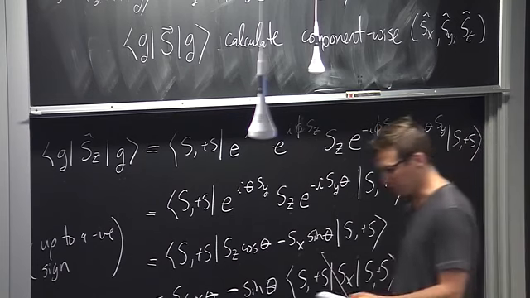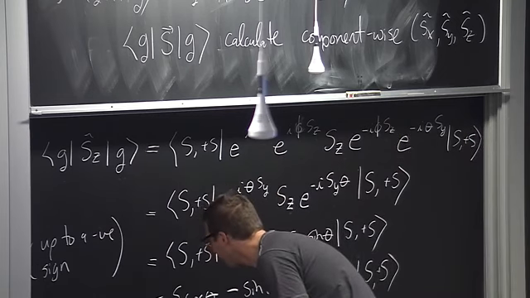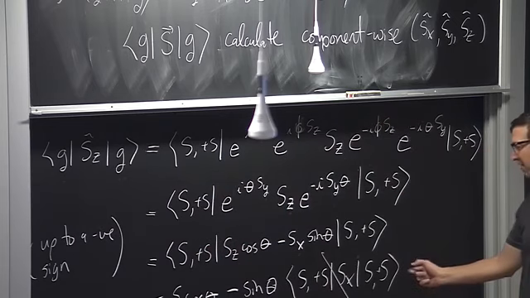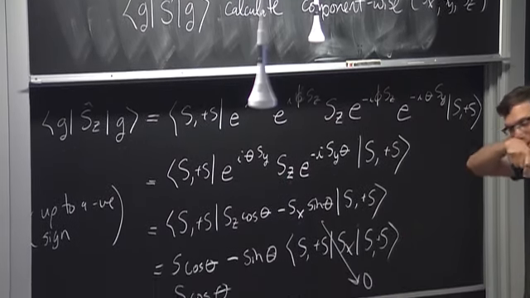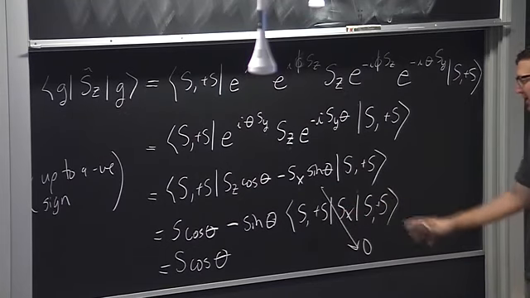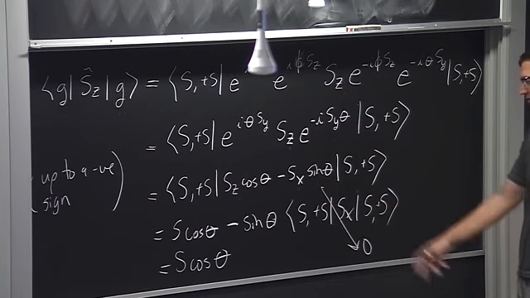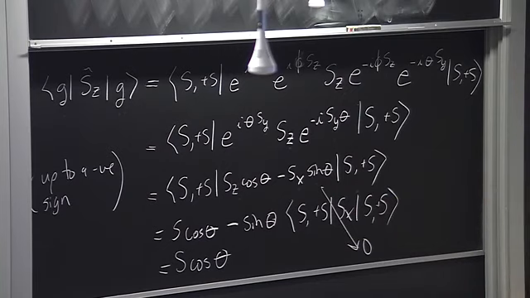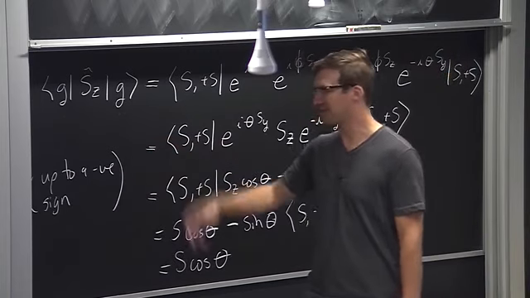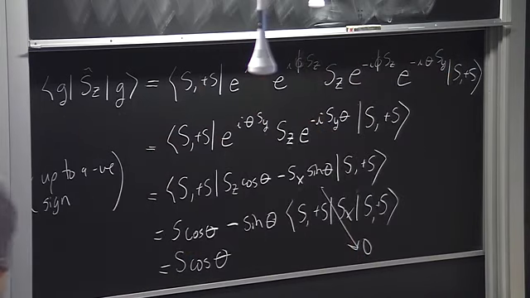And so all we're left with is S cos theta. And I think that's fine. I remember I said the coherent states weren't necessarily orthogonal, but there are no angles in that state, so this is just a regular spin state. So the matrix element of the Z component gives you S cos theta. And S is just, again, the maximal eigenvalue of that operator, S_z.